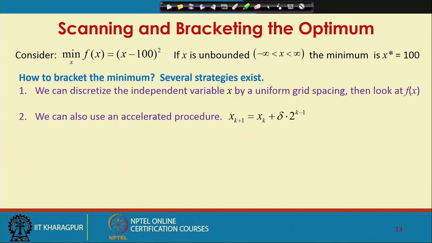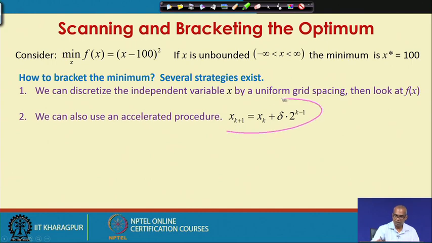We can also use an accelerated procedure, where we can make use of this formula to find out the next trial point, which is given as x k plus 1 equal to x k plus delta into 2 to the power k minus 1, where delta is a small constant. So, this will accelerate the search, as we will see soon.